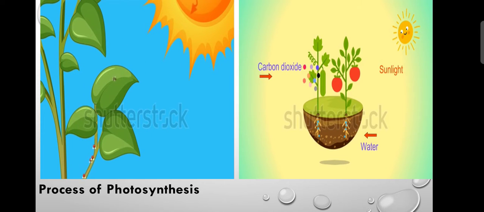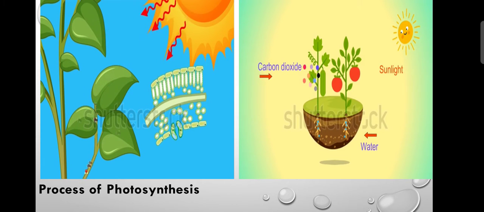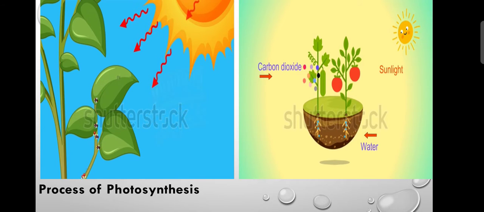Here also minerals are going into leaves and sunlight is coming. And glucose is produced and stored in different parts of the plant.